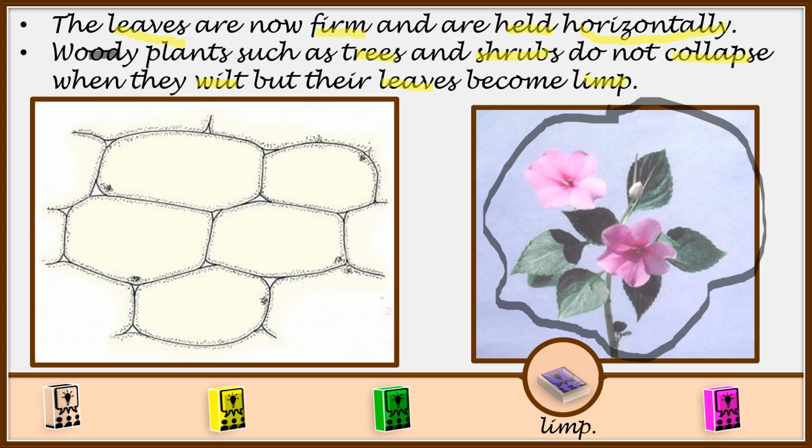For the woody plants, when they lose water, they do not collapse, but they wilt by their leaves becoming limp. So we can know that it is wilting by looking at the leaves, which are becoming limp, but the stem will remain firm.